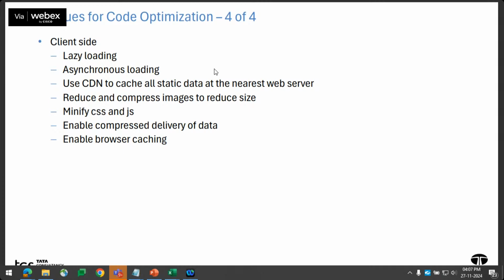From next time onwards, when the browser cache is enabled, it's able to render the contents much quicker. Then compressing the images to reduce their size, minifying the CSS and JavaScript, and enabling compressed delivery of data. All of these can be looked at for optimizing the code.